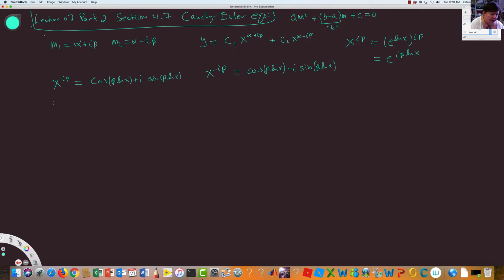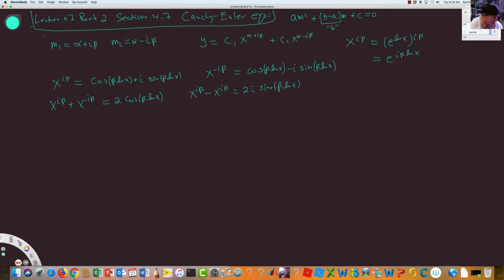Okay, so notice that x to the i beta plus x to the minus i beta is equal to 2 times the cosine of beta ln of x, and x to the i beta minus x to the minus i beta is equal to 2i times the sine of beta ln of x.